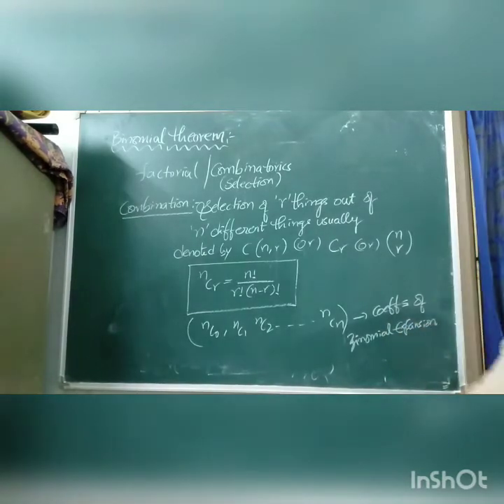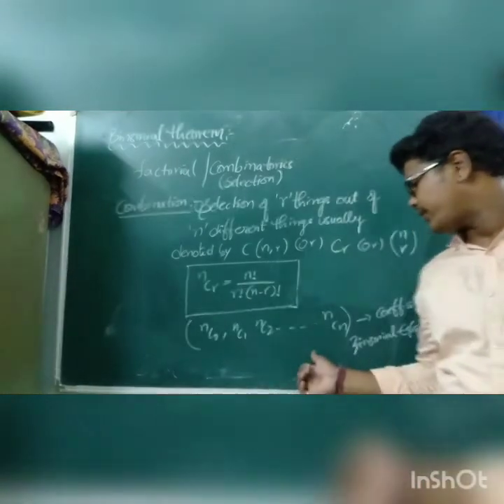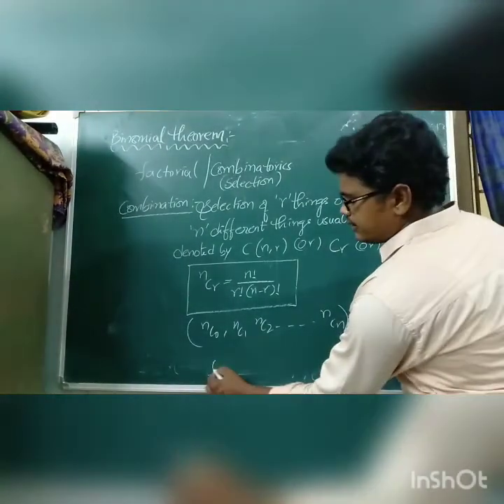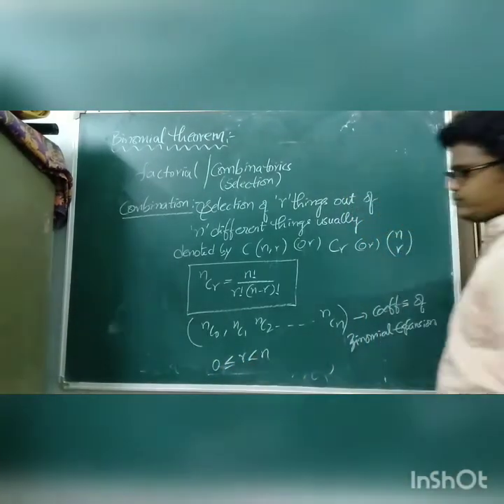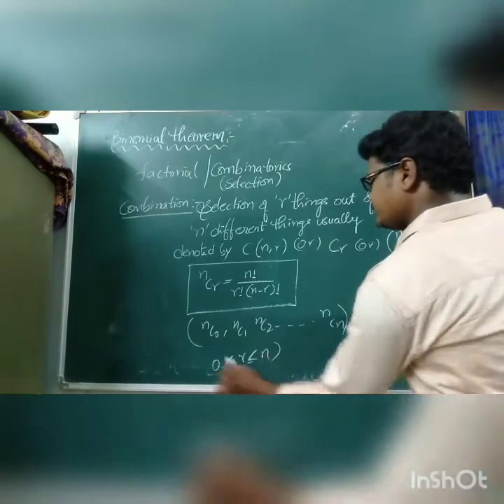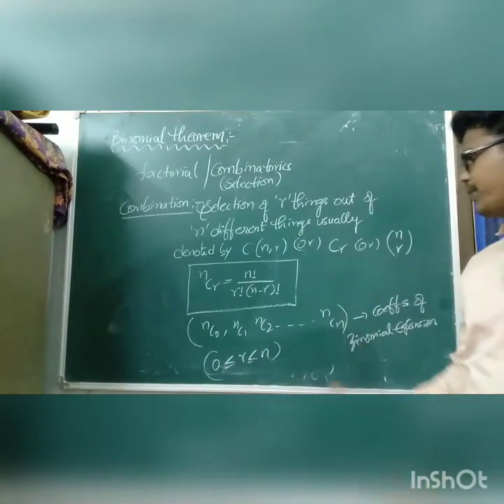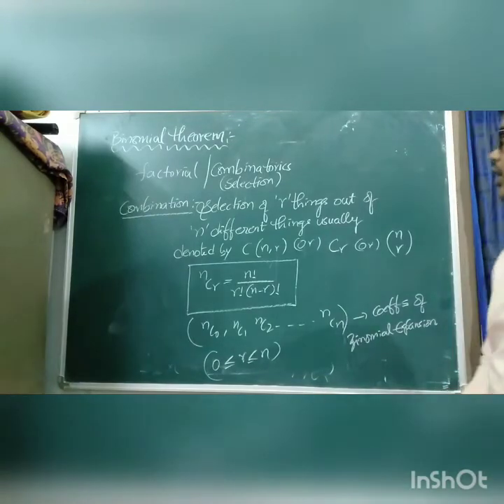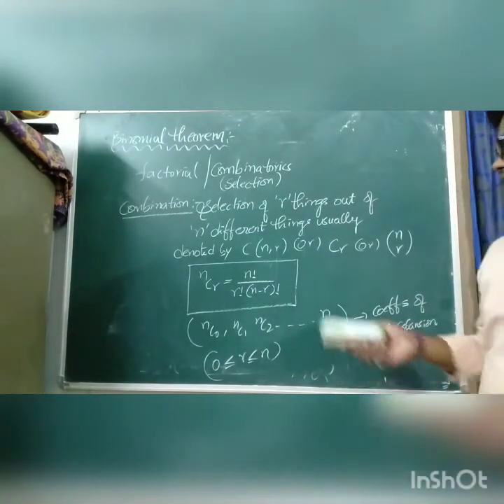That's what we learned, the concept about combination. Sir, why do you choose the value from 0 to n? Because the range of r is 0 to n. Okay, this is about the combination. Now we will discuss some problems regarding combination.